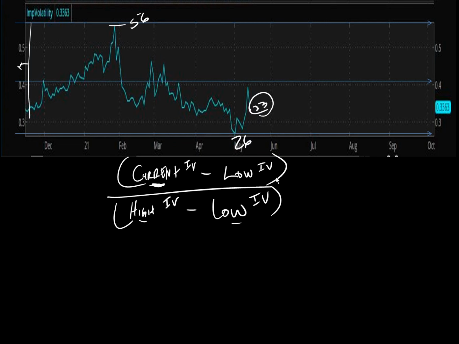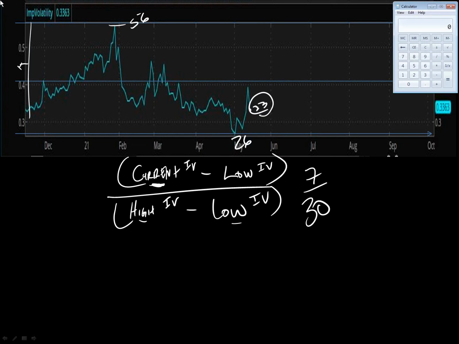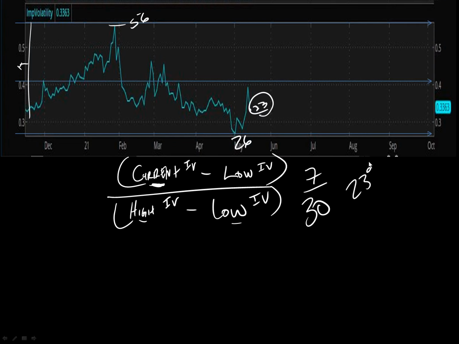Okay, so we take the current minus low, 33 minus 26, we got 7. 7 divided by 30, and I'm going to have to pull up your calculator. 7 divided by 30, so 23 percentile. So, all right, so it's in the 23 percentile.